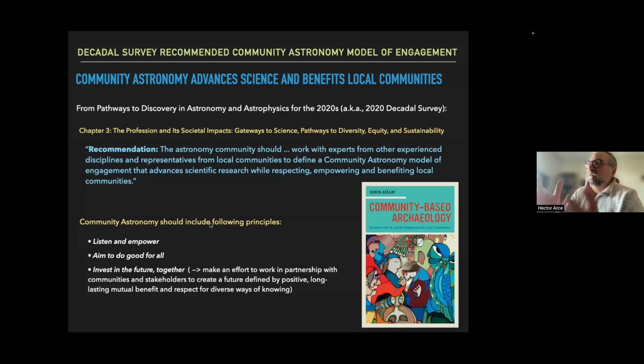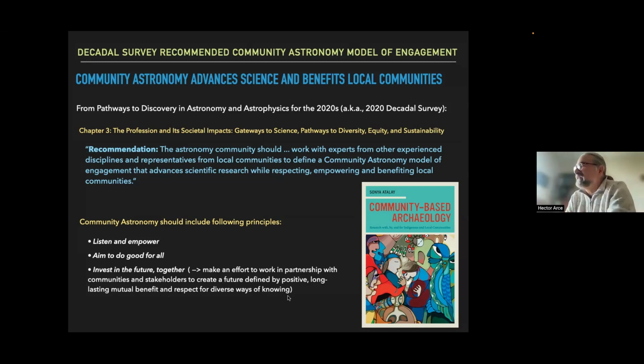In particular for astronomy, that should include some of the following principles, as mentioned in the decadal survey: listen and empower, aim to do good for all, and invest in the future together. That is, make an effort to work in partnership with communities and stakeholders to create a future defined by positive, long-lasting mutual benefit and respect for diverse ways of knowing.